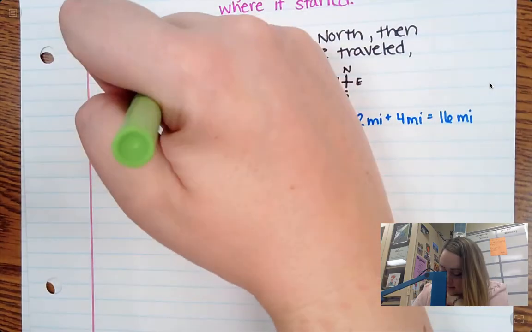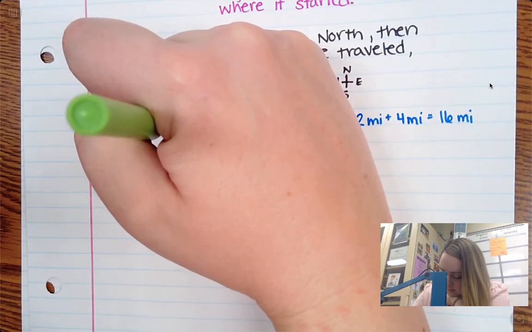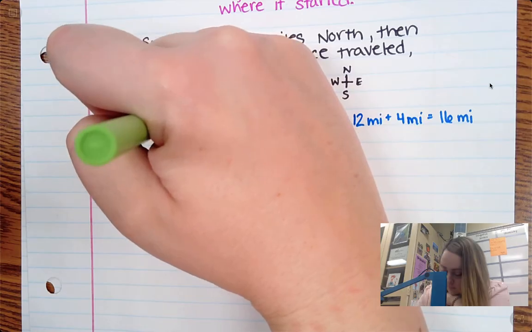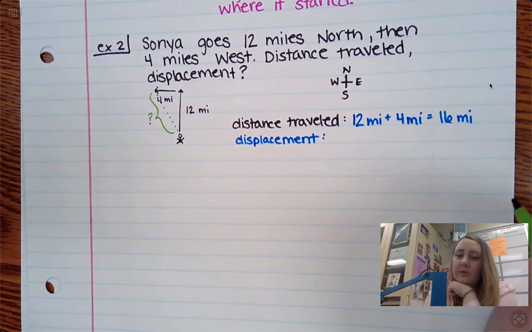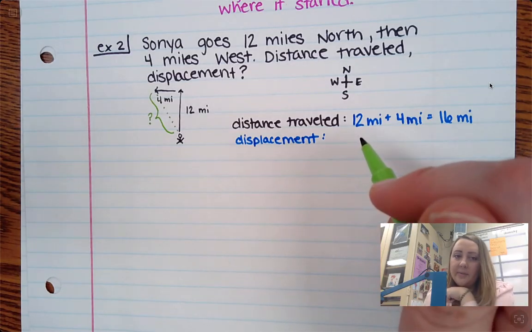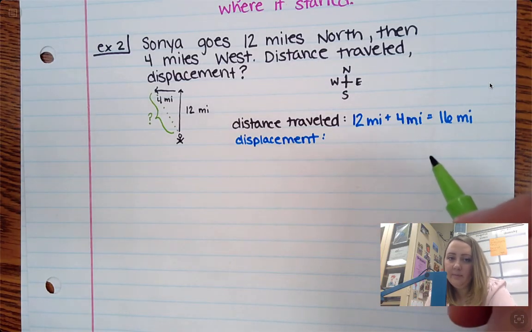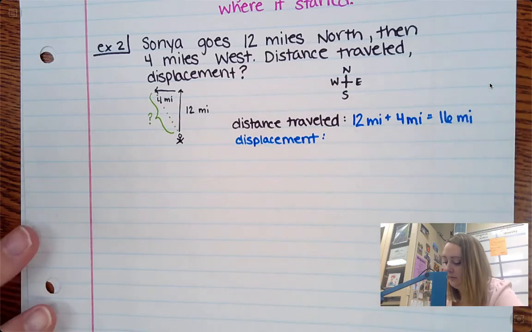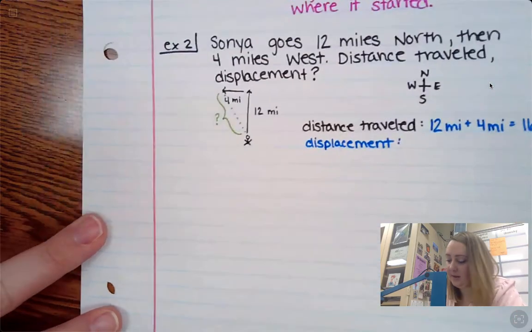It would have been this. So now you should recognize this is a problem using the Pythagorean theorem from math. So if you need a little refresher on that, we'll make a little side note.